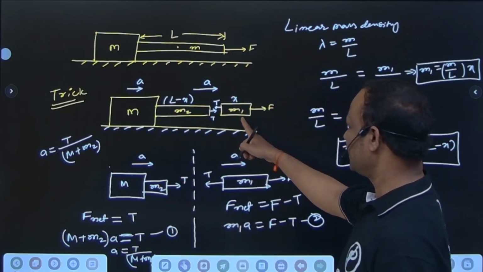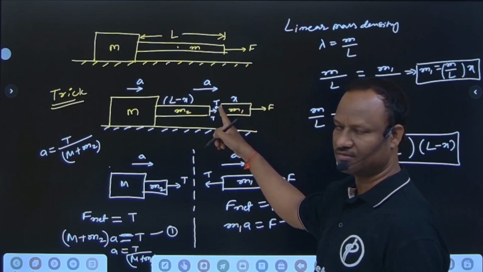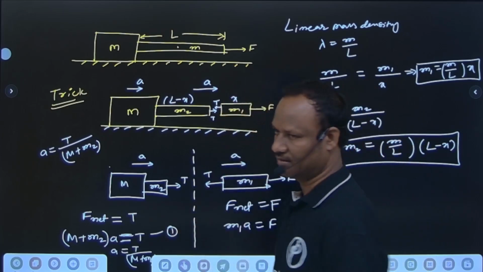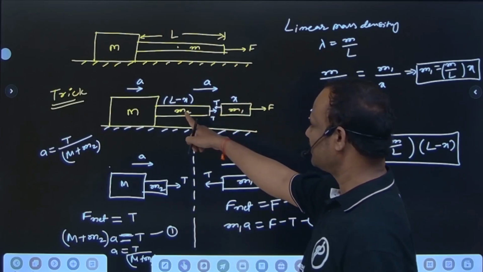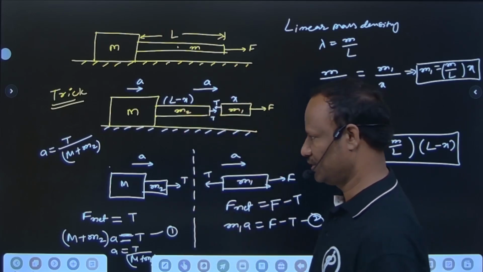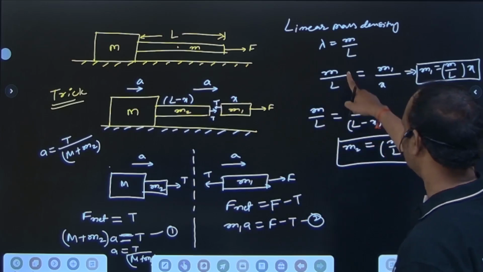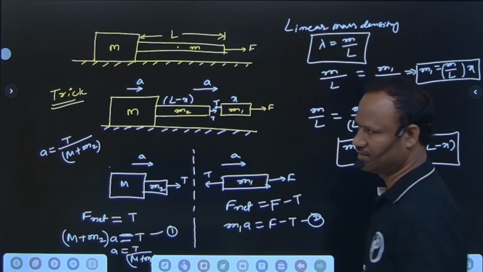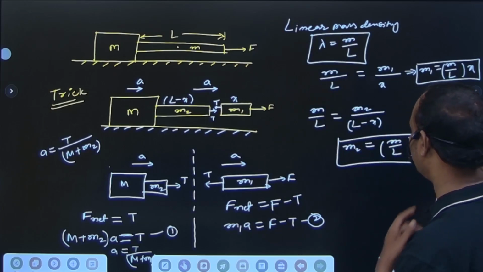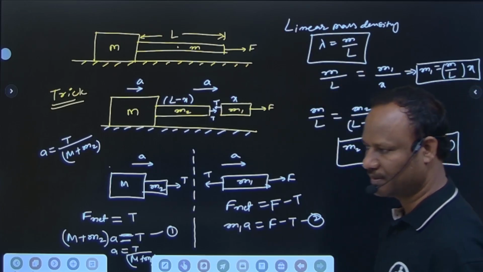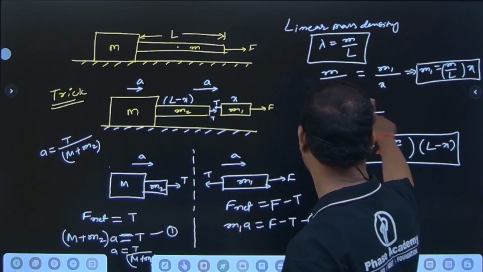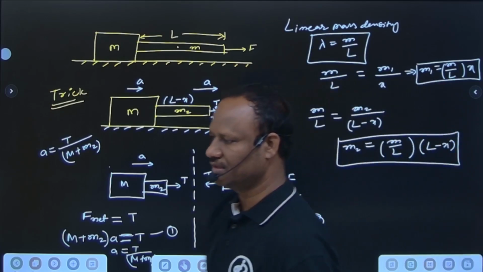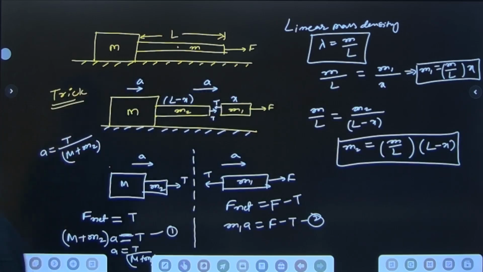At the X distance, what mass is distributed, and at the remaining L minus X distance, what mass is distributed? We calculate the mass from the linear mass density, lambda equal to mass per length. Based on this, I chose M1 and M2. This is the method of problem solving.